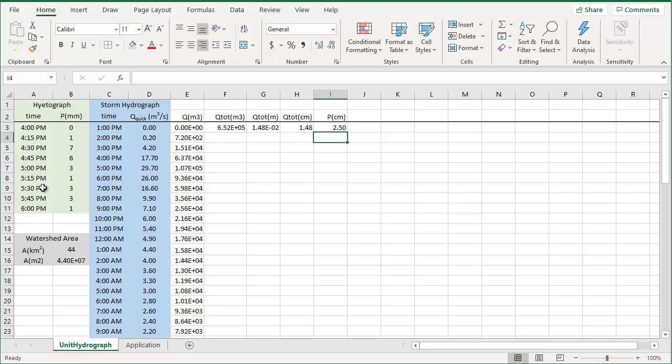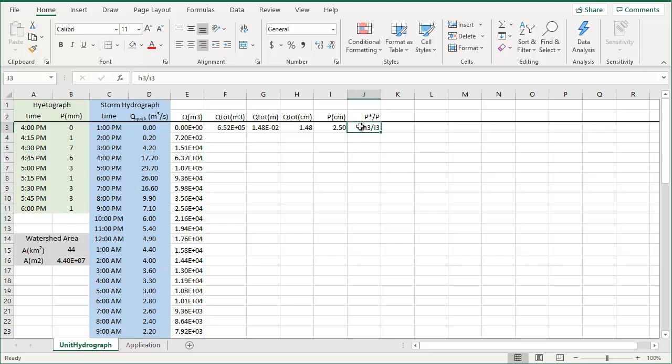Remember that the event flow, the number here in cell H3, must also be equal to the total depth of effective precipitation. So I can really quickly calculate my ratio of effective precipitation to total precipitation. That is going to be the effective precipitation in cell H3 divided by the total precipitation in I3.